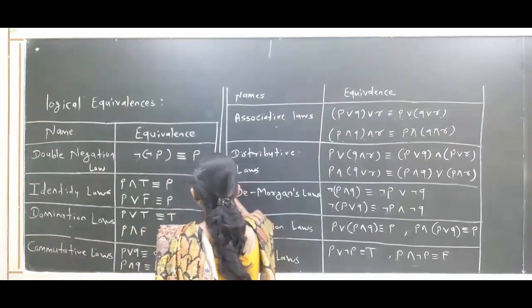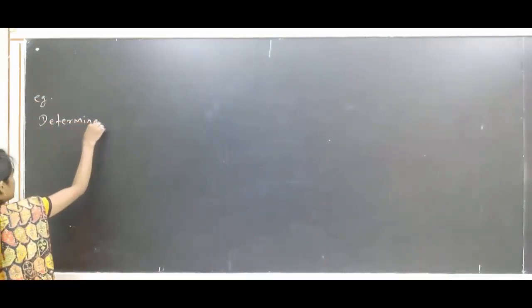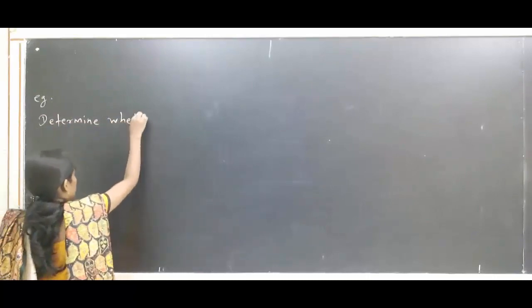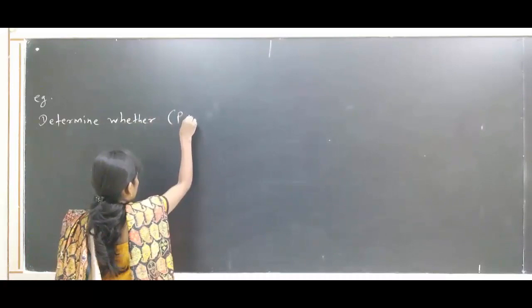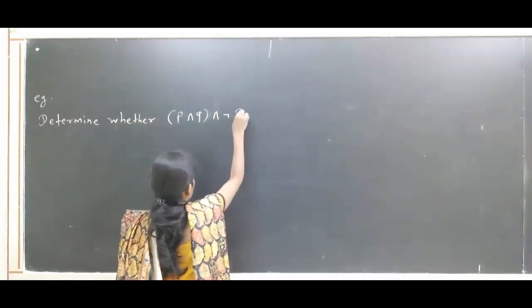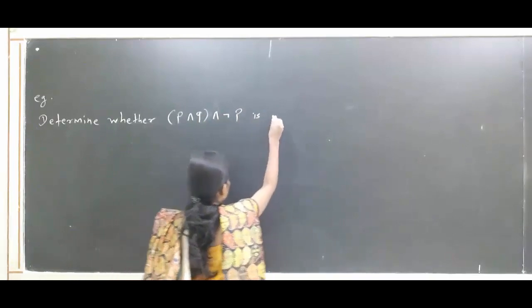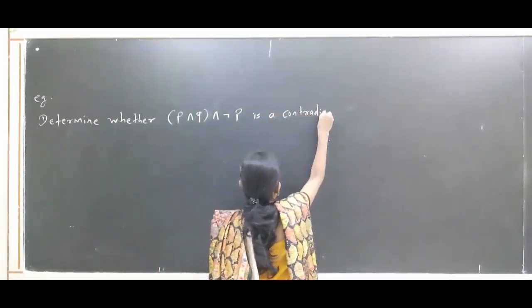Example: determine whether the compound proposition P and Q and negation P is a contradiction.